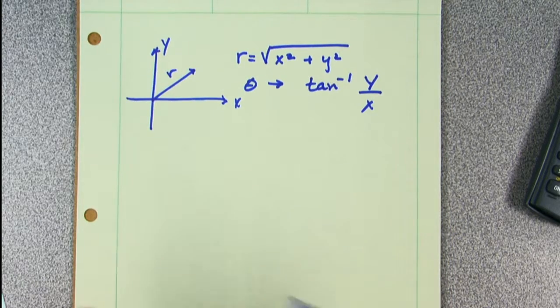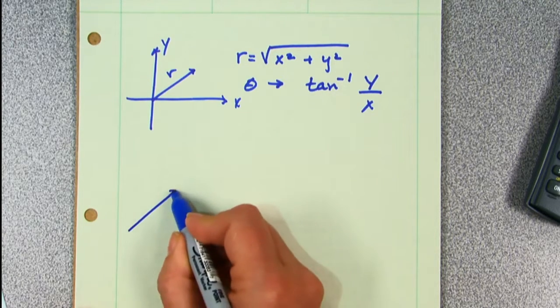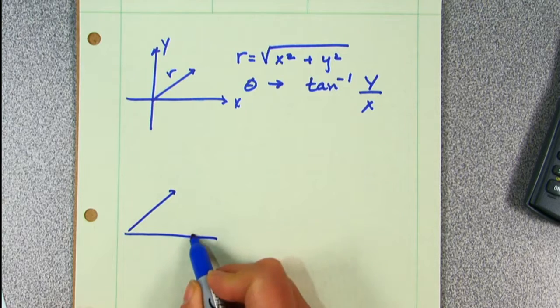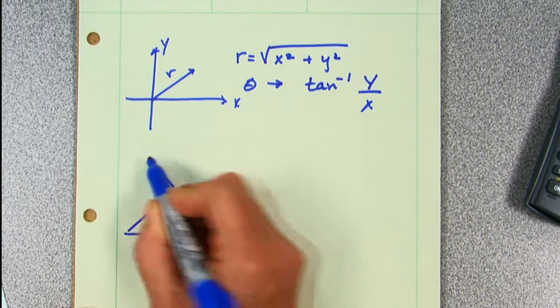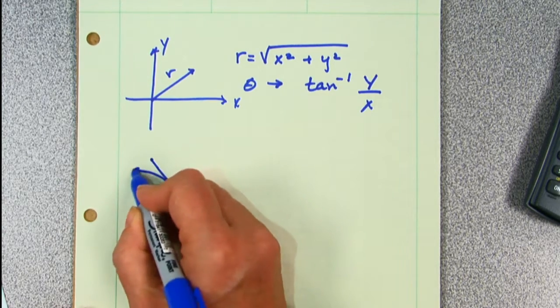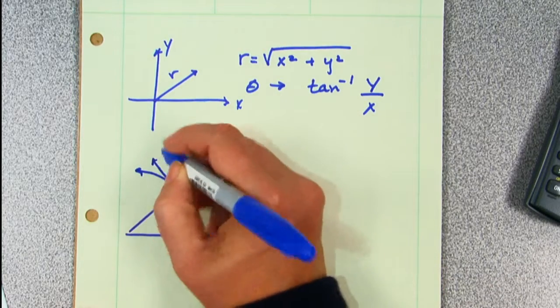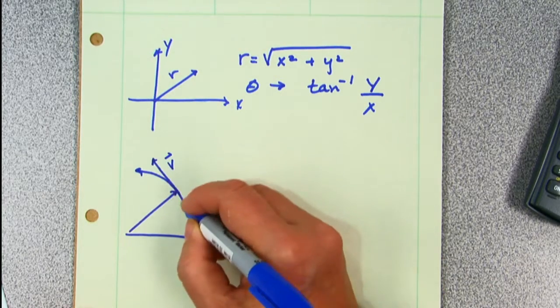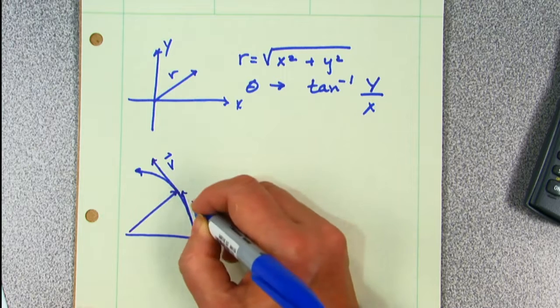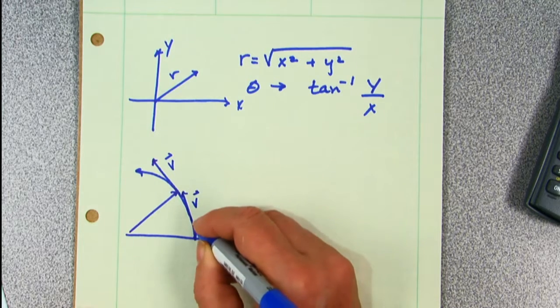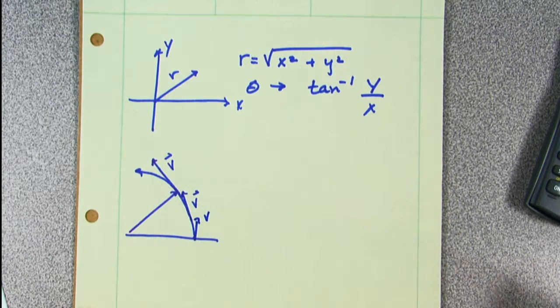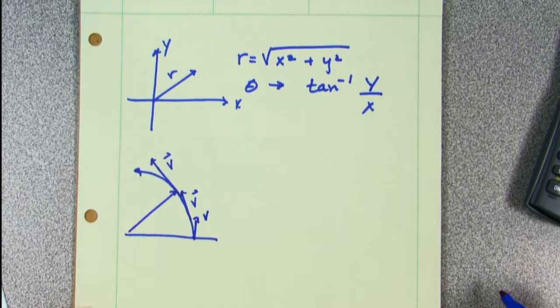So if I'm looking at my vectors, or looking at my angular motion as I'm going through curves, this is going to be my velocity at any given point along the curve. Because we know this, right?